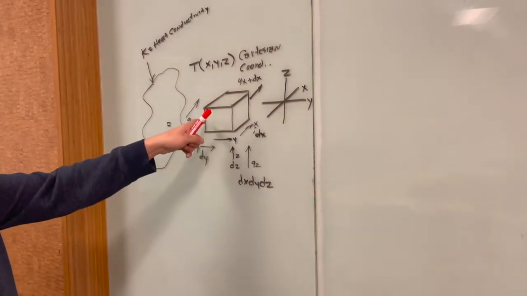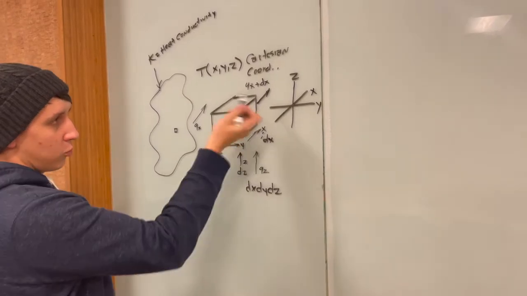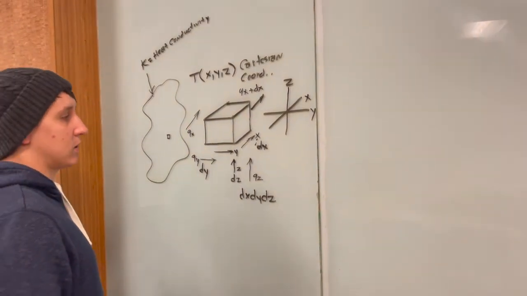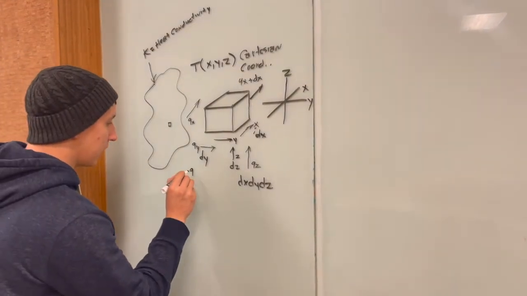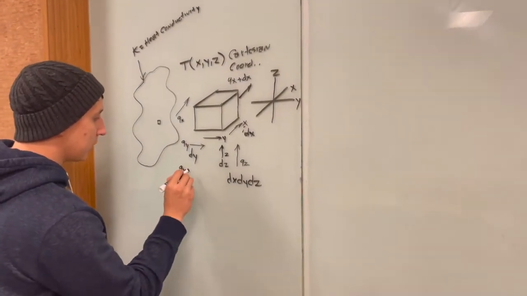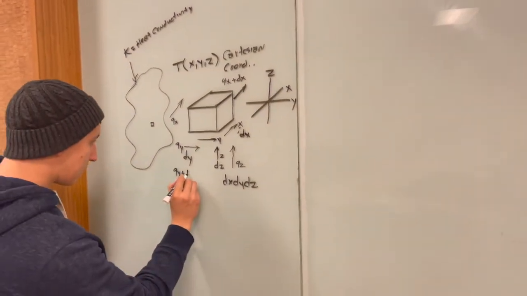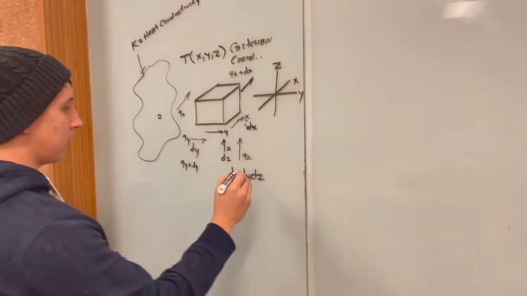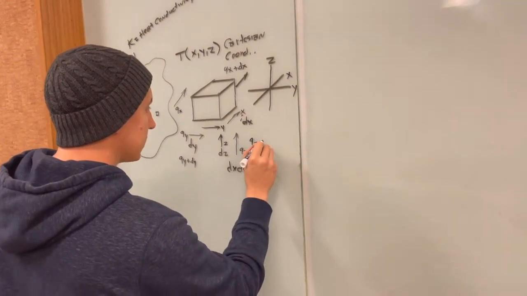Because this is arbitrary, we're just going to call that dx, whatever that distance is. It's going to be the same thing when we look at y, the heat flux Qy plus dy, and the same thing for our z term, Qz plus dz.